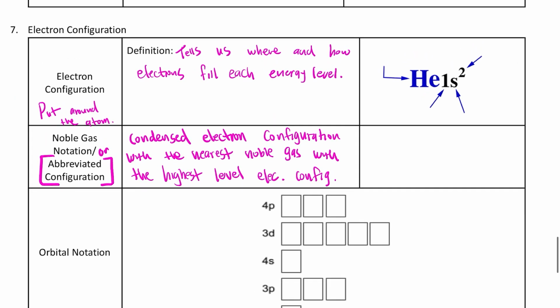So now we can go ahead and really label the blue arrows. So He, that's helium, which really is a noble gas. You're always referring back to the noble gas. And at this point, you should know that the 1 indicates which energy level it is on, and the s is the orbital.